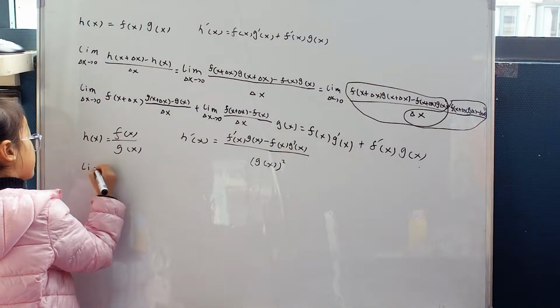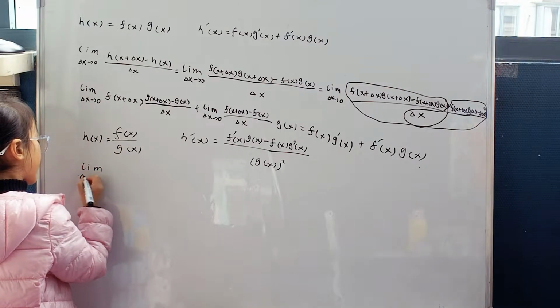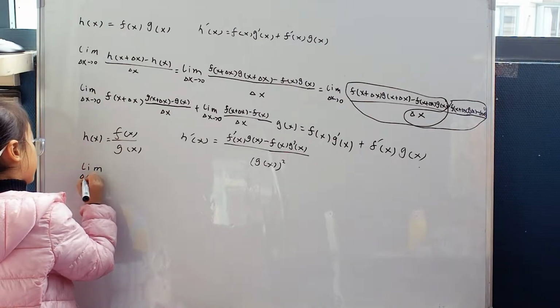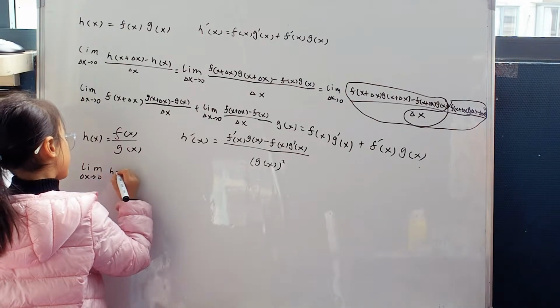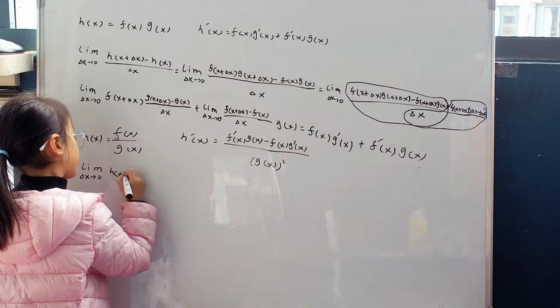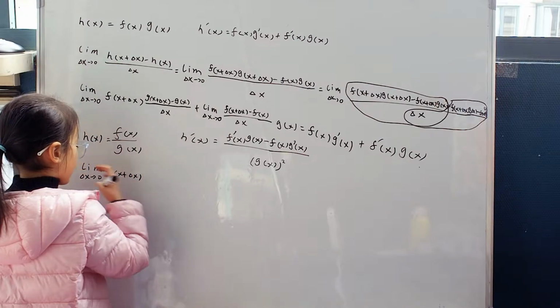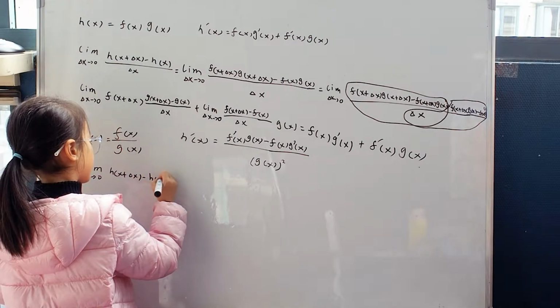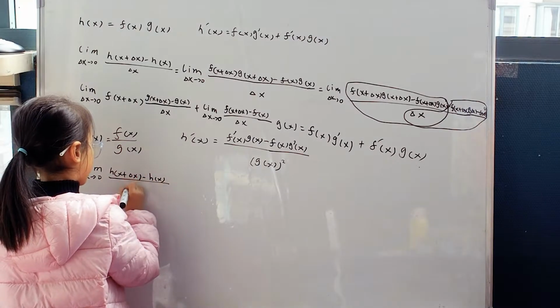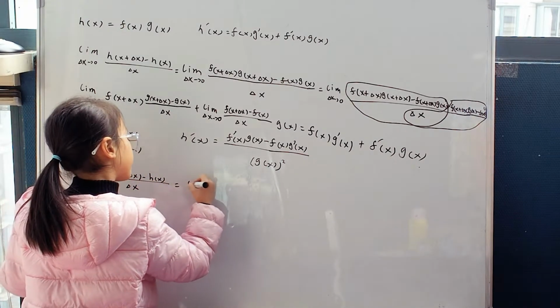So it's limit delta x approaching 0 of h(x plus delta x) minus h(x). Let's see what we're doing.